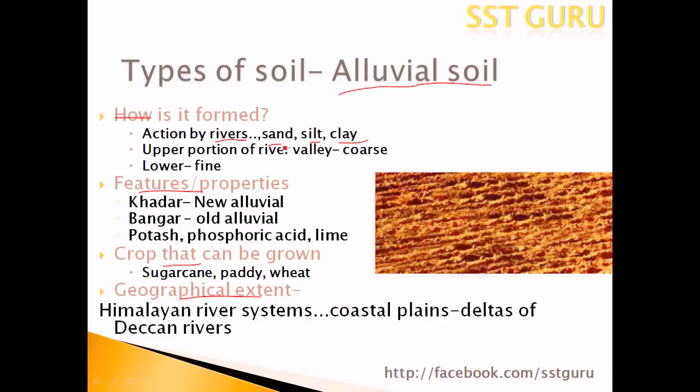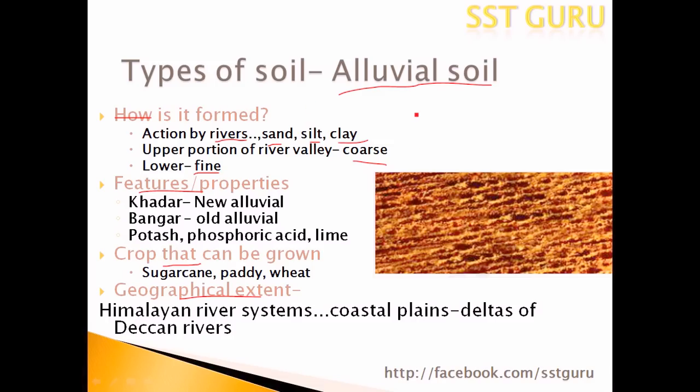Simple, fine. So the next point is, in the upper portion of the river valley the soil is coarse, and in the lower portion of the river valley the soil is fine. Why is it like that? First of all, you understand how the river flows. The river comes from the mountains to the plains, and then it goes to the oceans. In the mountains you literally have almost no soil, so the mountain is being broken into small pieces, and those are known as coarse.